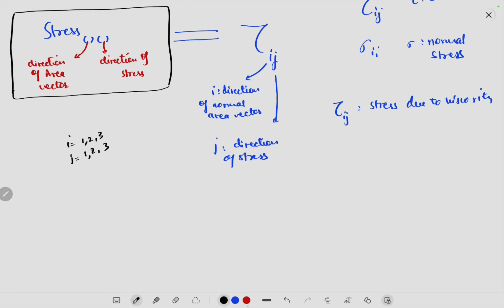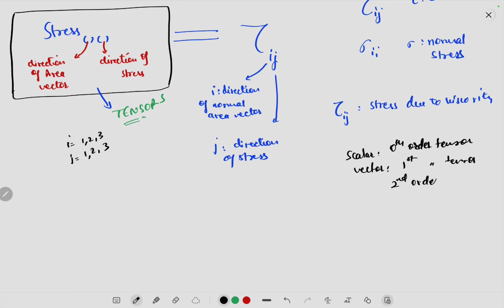These types of quantities are called tensors. So basically stress is nothing but a tensor. Many people refer to a scalar as a zeroth order tensor, a vector as a first order tensor, and similarly you have second order tensor, third order tensor, and so on.